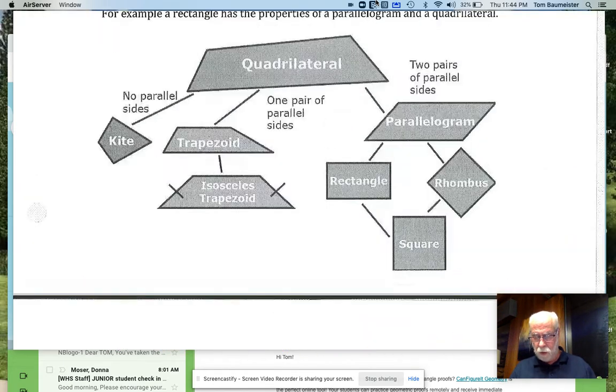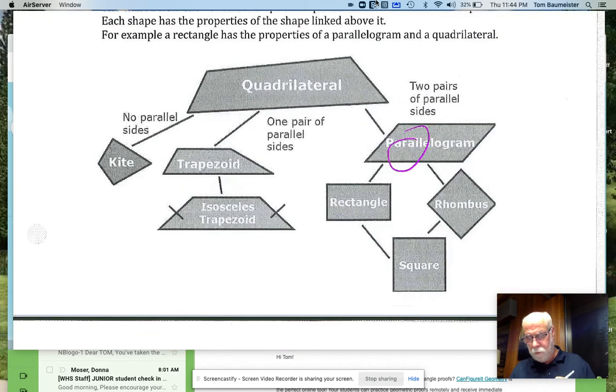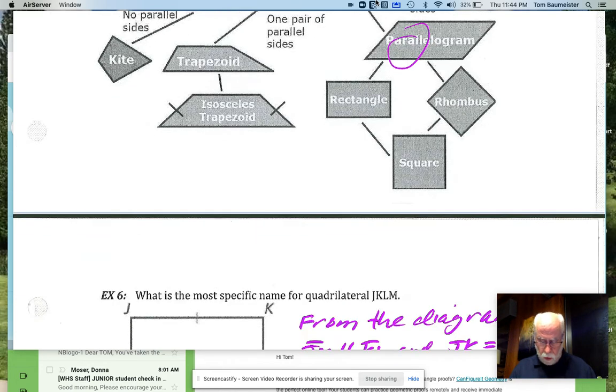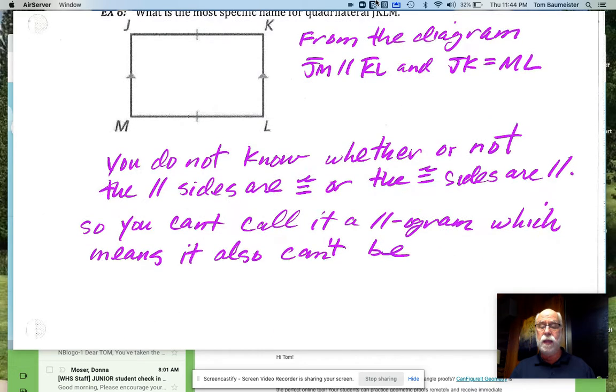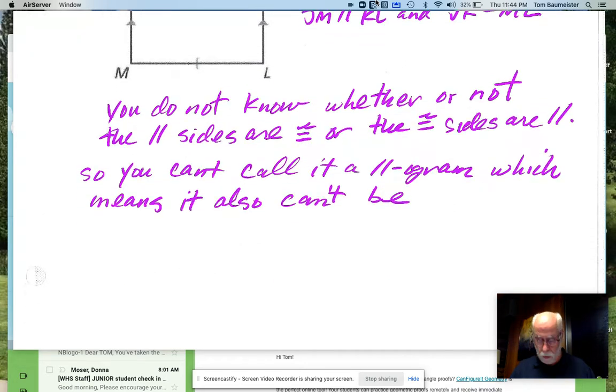So I'm just going to show you up here. We're saying it can't be a parallelogram. So we know it also can't be the things that are below it. Remember, it can be a quadrilateral because it could go up above, but it can't take the characteristics of the ones below it.